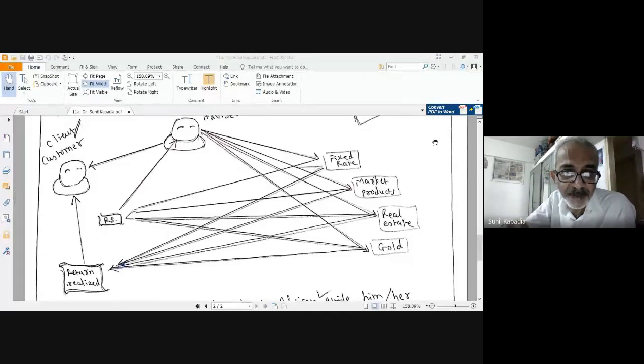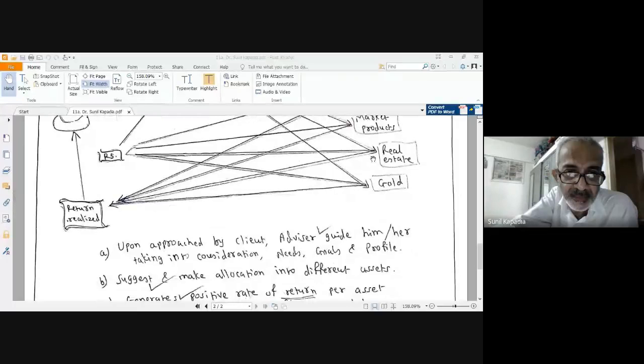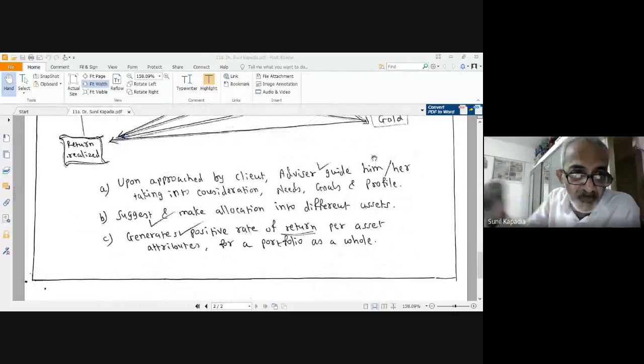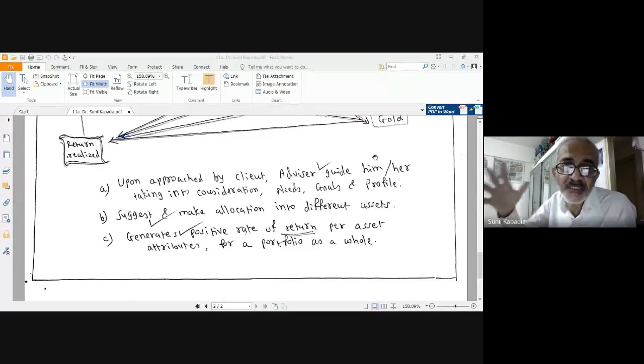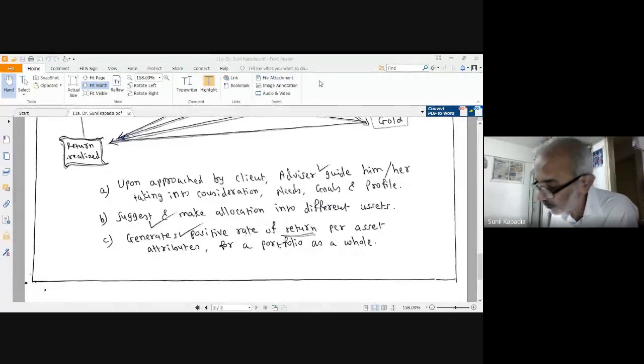Can you just scroll a bit? Yeah. So depending upon product attributes, returns are being realized for a portfolio as a whole for each and every single family. Now, what are my learnings? If I have to do the deep dive, what are the learnings?